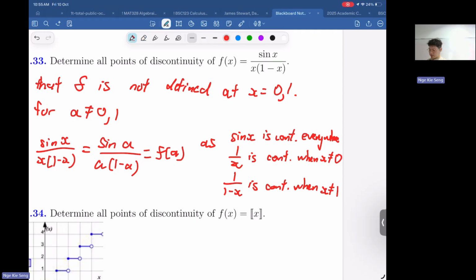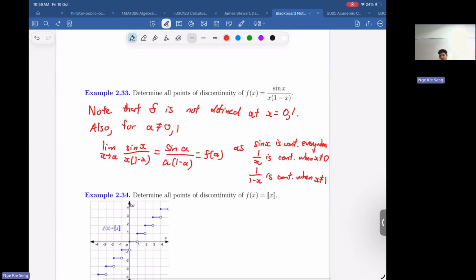Sorry, this a is 0. Okay. So other than 0 and 1, they are all continuous. So it's just f of itself. So altogether, hence, x equals 0 and 1 are the only points of discontinuity.